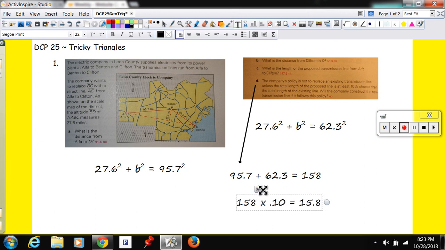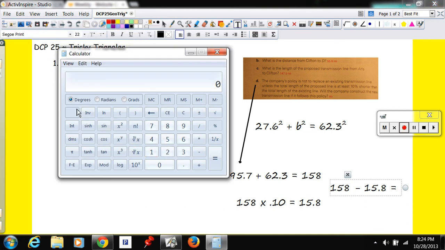If I take the 158 and subtract 15.8 from it, I get 142.2. So the new line is not 10% shorter. That would be a no, because the 10% would be 142.2, but our new line was 147.5, so it's not 10%.